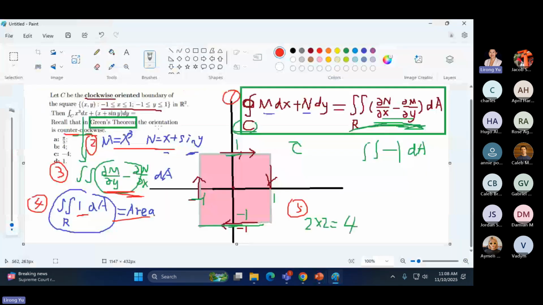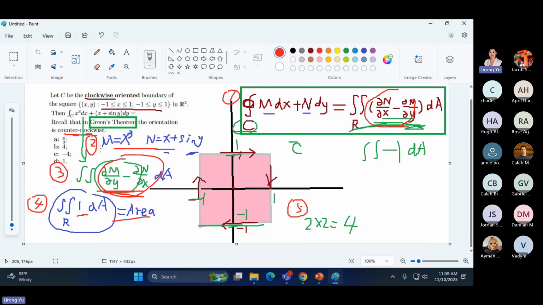However, our question is clockwise, so it should be the opposite. This one we switch to dM dy minus dN dx. Or you can follow the original calculation, but add a negative on the outside if it's clockwise.